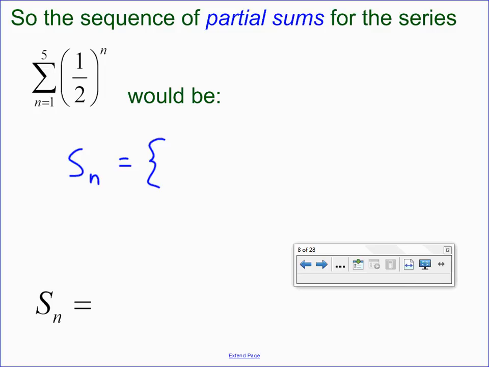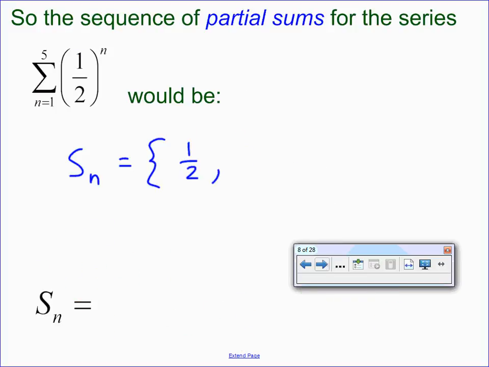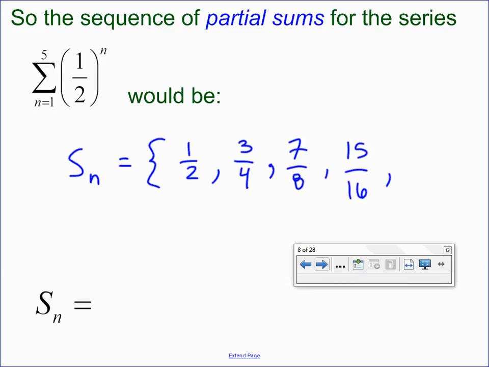Well, let's list the sequence of partial sums again. We had 1/2, then we had 3/4, then we had 7/8, then we had 15/16, and then we had 31/32, you said, Grace?